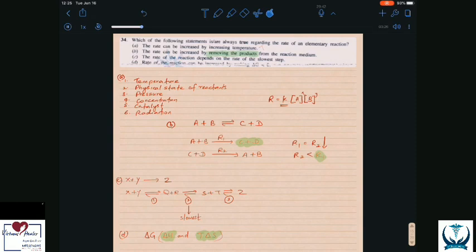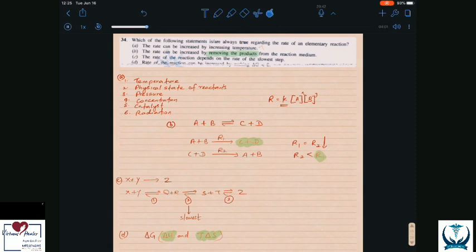The statement B is based on a practice that is used to increase the yield, that is, removing the products from the reaction medium. At equilibrium, notice that the forward reaction rate R1 and the backward reaction rate R2 are equal. But if we remove the products C plus D from the mixture, then the rate R2 will become less than the rate R1, which means there will be more product formation.